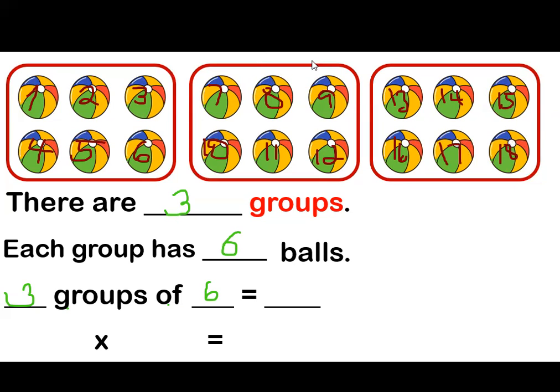So how many altogether? Okay, 18. And what do I write in here? 3 times. Okay, 3 times 6 is 18. Very good. Next.